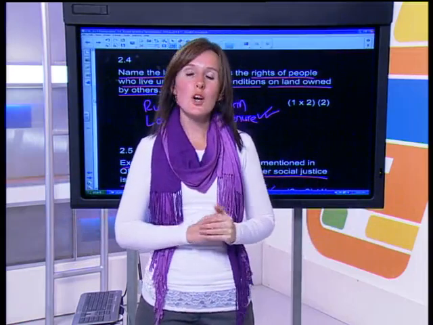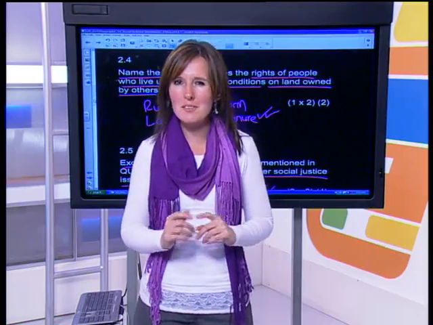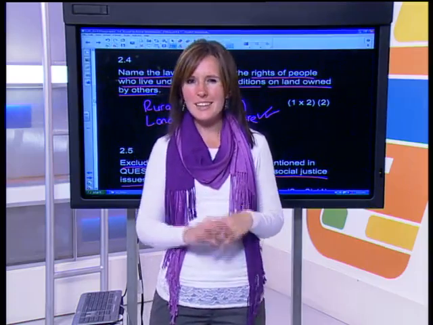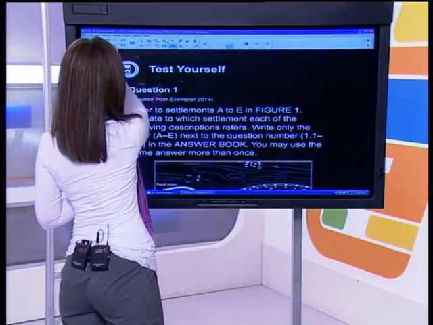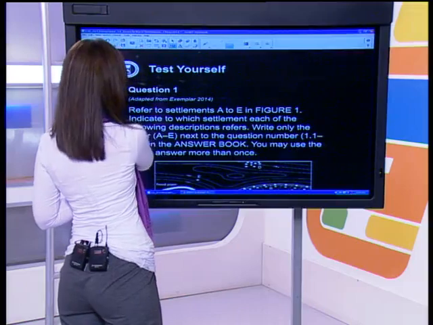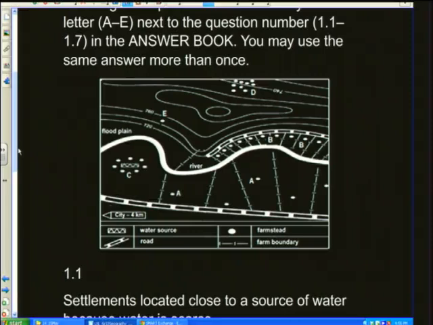All right, so let's have a look at the test yourself questions. I'm not going to give away too many of the answers, but let's have a look quickly at the diagram, and we still have a little bit of time. This more touches on what you did last week, your different settlement patterns. Just to point a few out, notice where your clustered patterns are. They're grouped together. There's some shapes as well that we did.